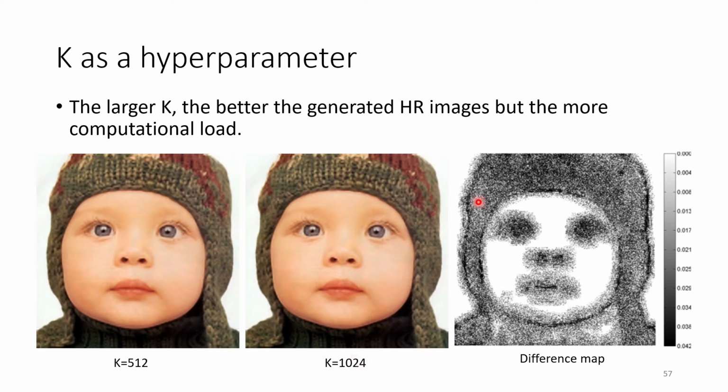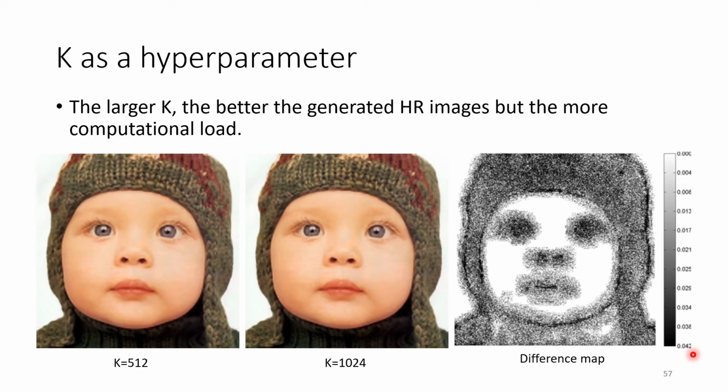Then this is the difference map for the grayscale channel. The maximum value may be 0.4. This is a scale from 0 to 1, and usually we use the scale of 0 to 255, right?